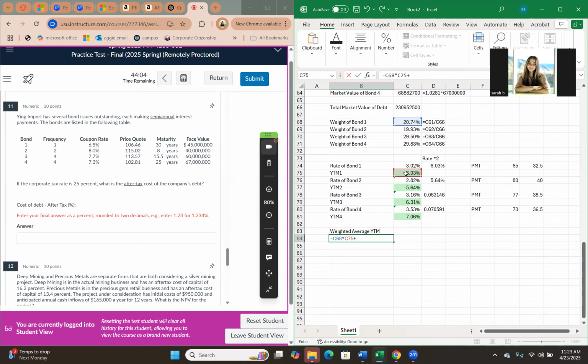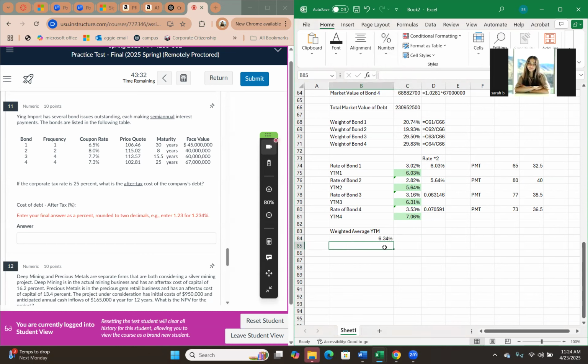Then we're going to add this 19.93% times the yield to maturity of bond two plus 29.5% times yield to maturity 3 plus 29.83 times yield to maturity 4. And that should give us 6.3435, close. Okay, sweet.